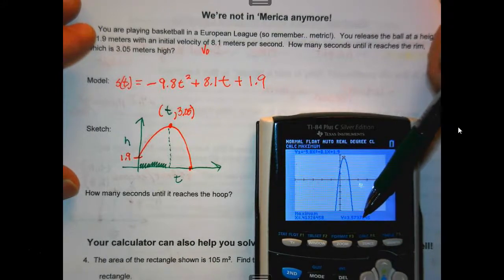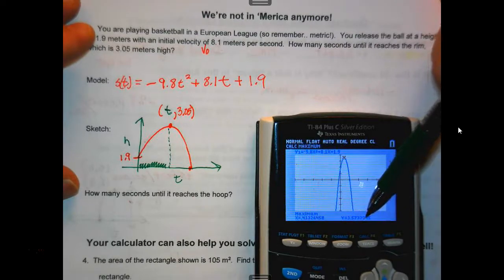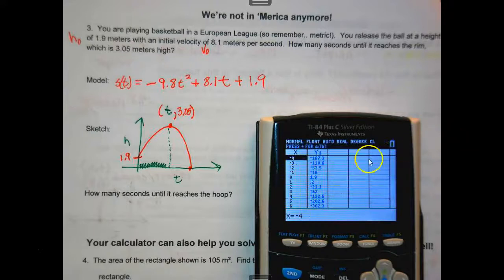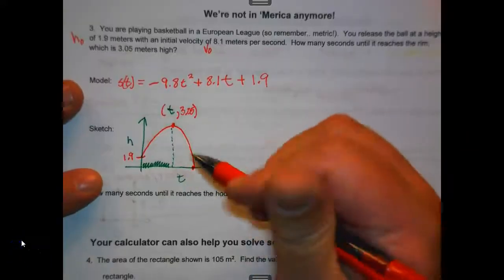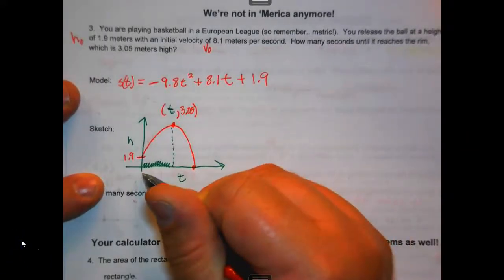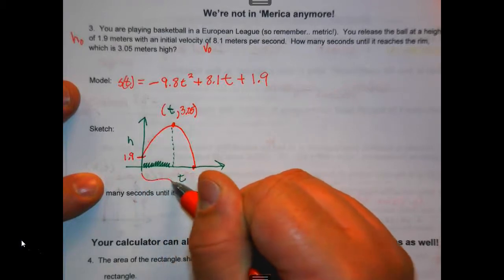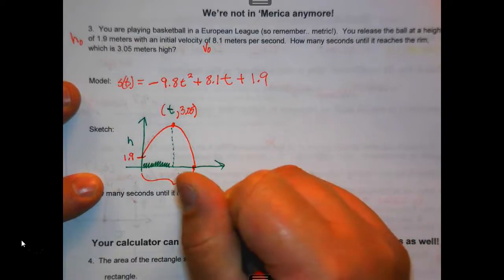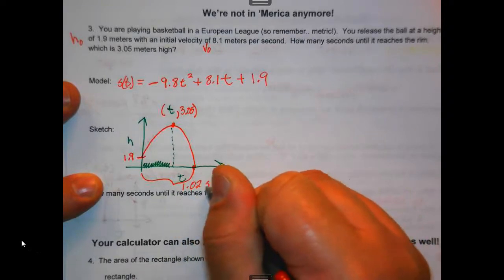That should be the same point. I don't understand. What's going on? I'm confused. Riso, what you did was you found this total time here where it hit the floor. That's 1.02 seconds. Okay?